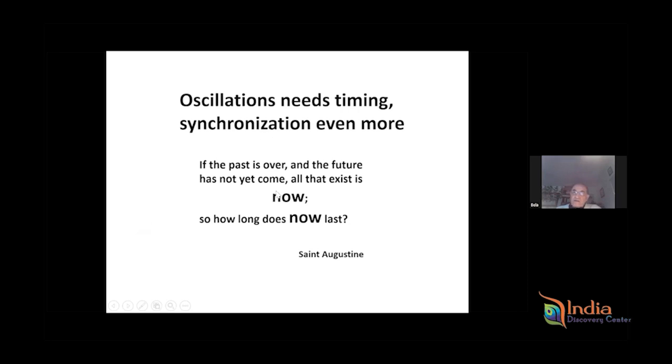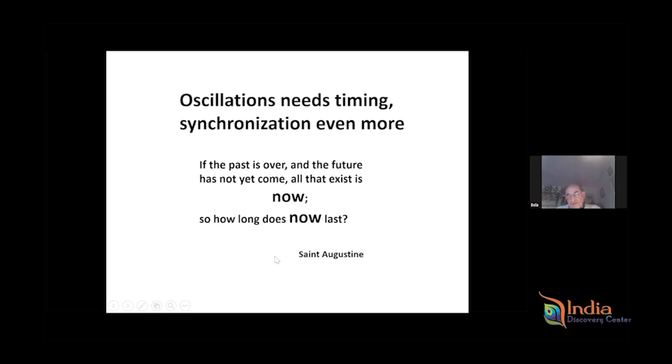But oscillation needs timing, because the wave needs to run through with timing, and synchronization can be established when good timing is happening. So the interference is very important.